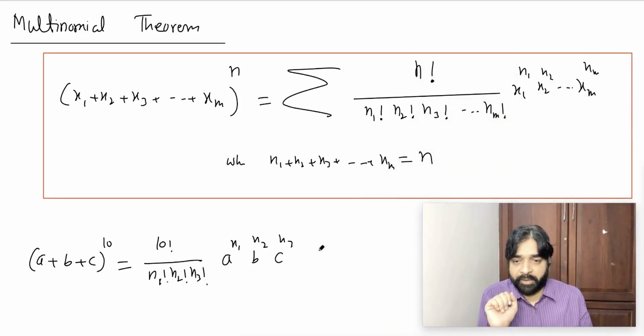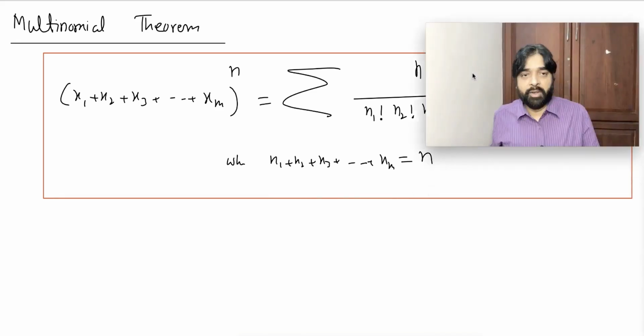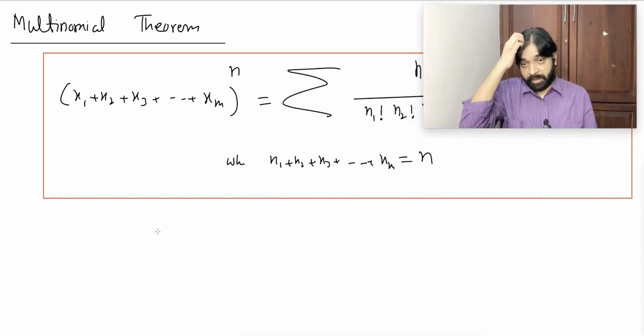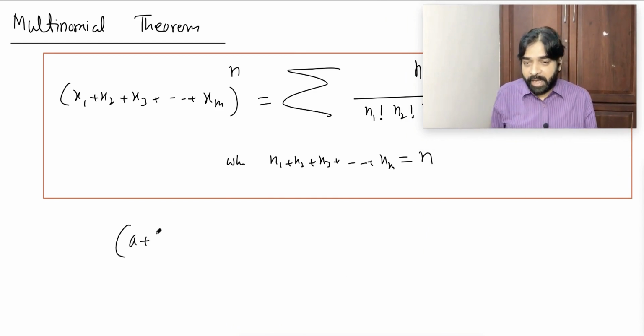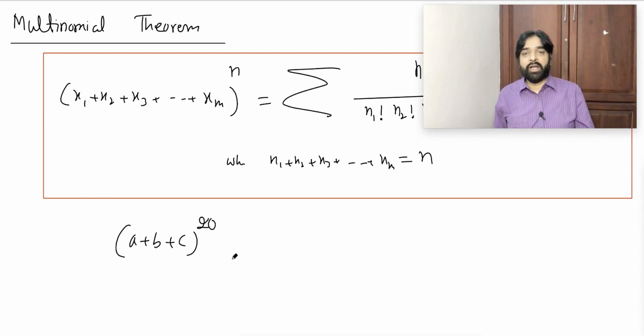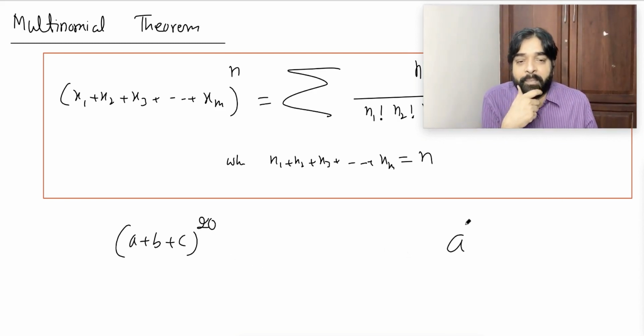Please write it if you want to take it. If you didn't write, take a screenshot because I'm going to change the page. Look carefully. Suppose I ask one oral question: (a plus b plus c) power 20, when I expand. No need of writing. Will I get a term like a power 5, b power 10, c power 10?